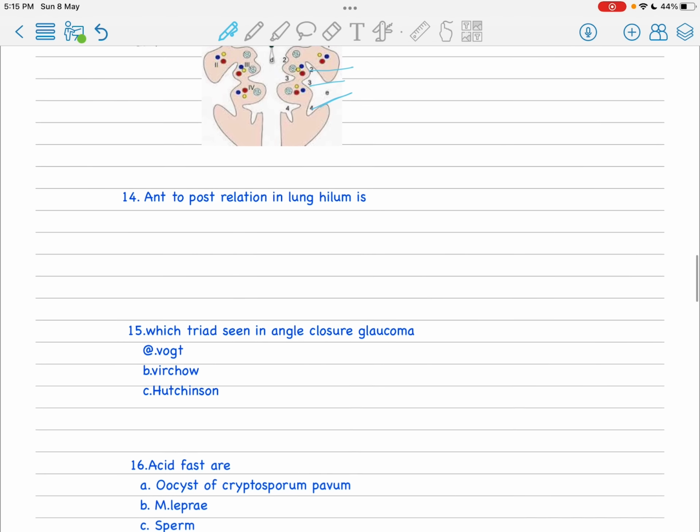And next is the anterior to posterior lung hilum relationship, and you have to remember this.